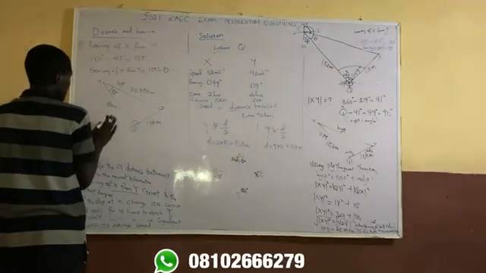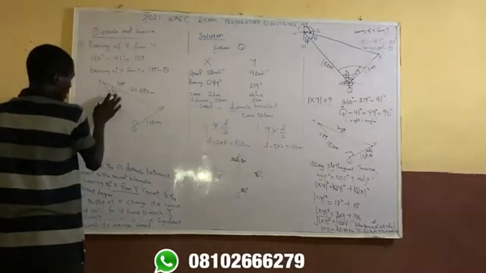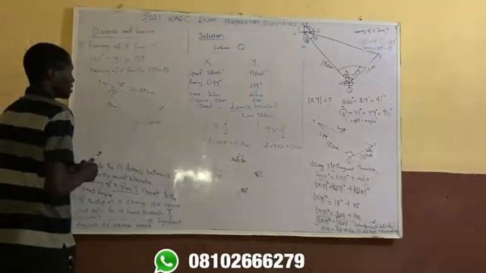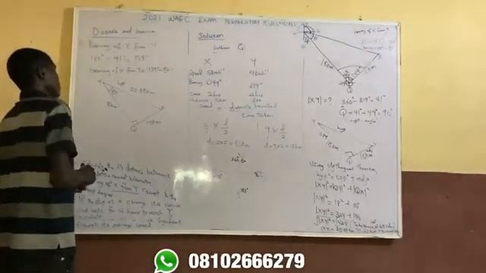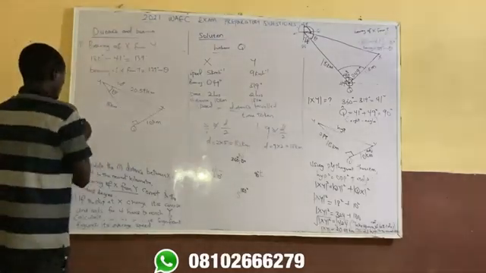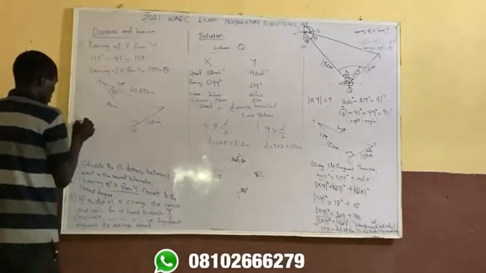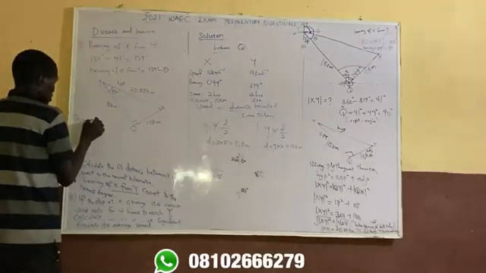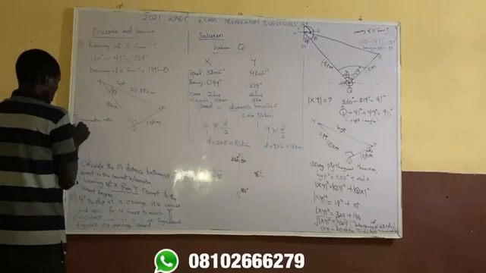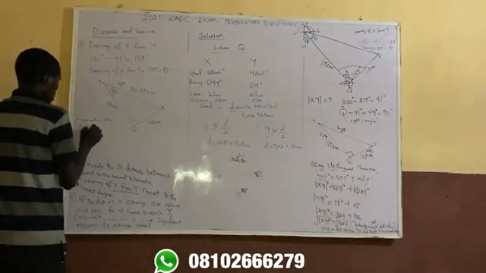Now in this case, since we have an angle at y, it is advisable to use the trigonometry ratio, abbreviated as SOH CAH TOA.